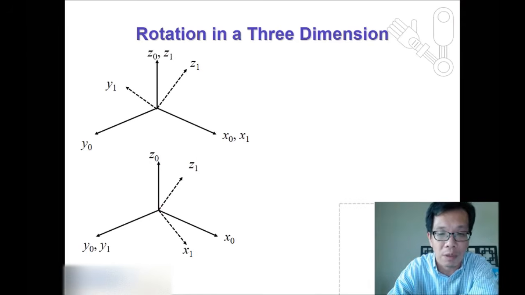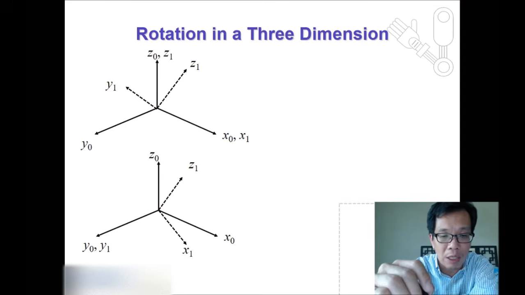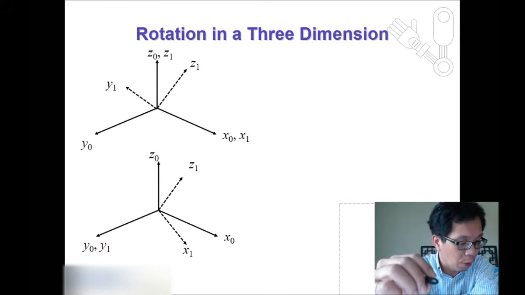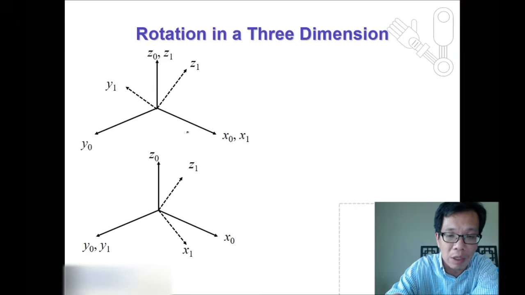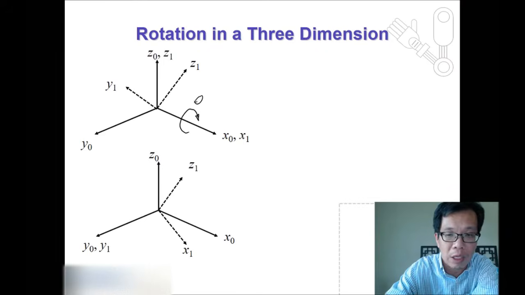If we are dealing with rotating about x-axis, what is it going to look like? Keep in mind when we are doing something like this, we need to rotate from x to y, y to z, z to x. So when we are drawing this thing over here, we are talking about the rotation in this direction with an angle theta.